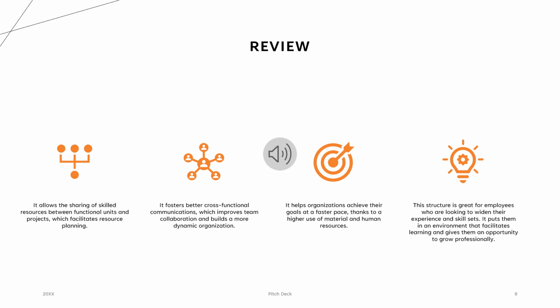When a company uses matrix structures, we have these benefits. It helps organizations achieve their goals at a faster pace, thanks to the higher use of material and human resources.